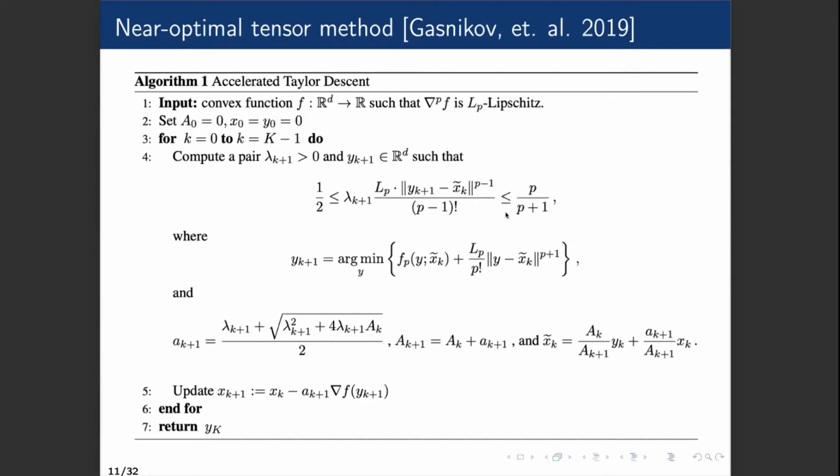If the inequalities are satisfied, we continue with step 5. If not, we change lambda with some line search procedure, and it is proven that this line search is not very big.